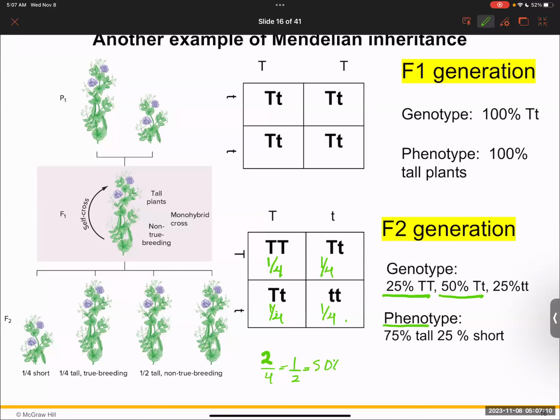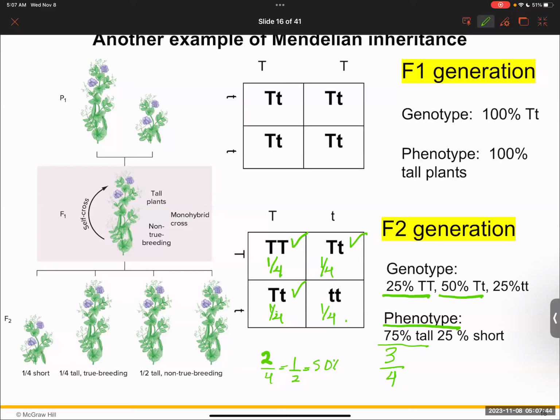Now, phenotype, again, look at this. This is a dominant trait, being tall. So out of these 4 boxes, these three will show the characteristics of being tall plants. So 3 out of our 4 plants, or 75%, have the phenotype of tall. And the only one that's going to be the short plant would be the homozygous recessive copy, which is 25% or 1/4 of it.